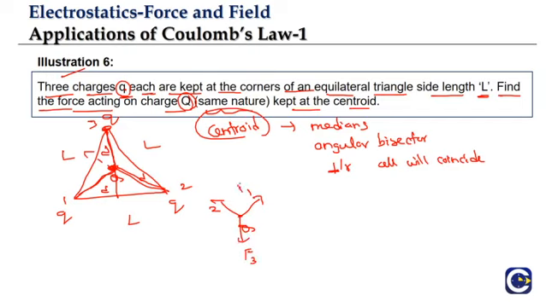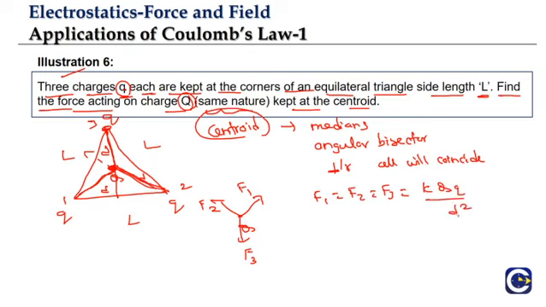So let's call them F1, F2 and F3. Since the distance d is equal in all the cases, all 3 forces F1, F2, F3 will have the same magnitude, kqQ by d square.